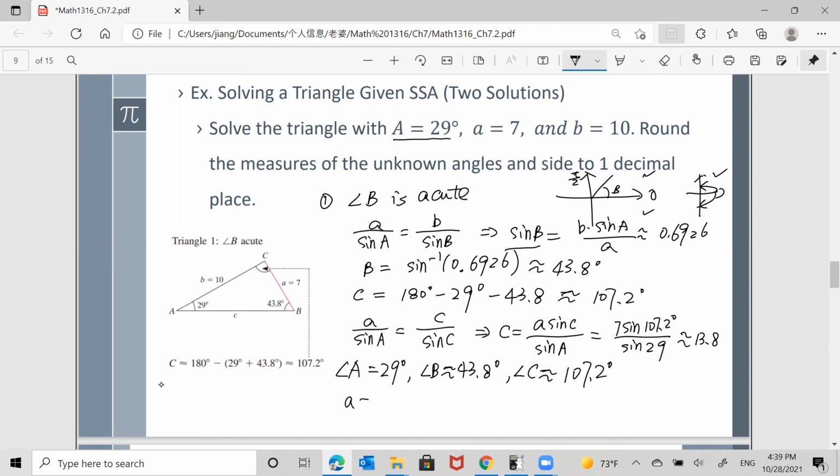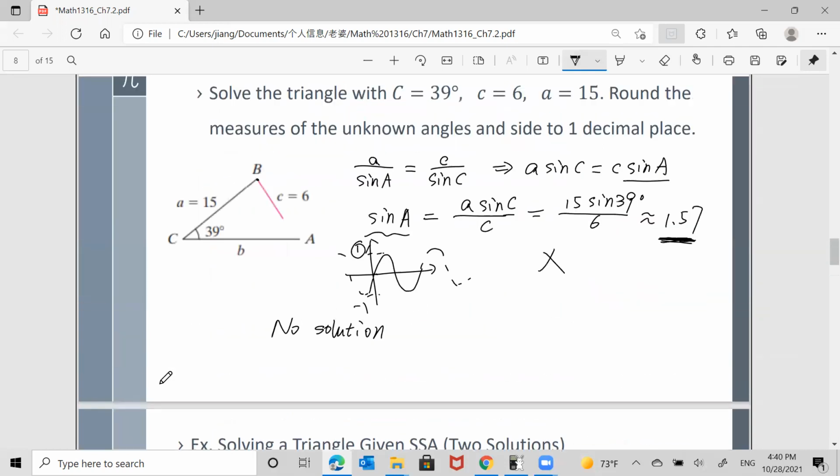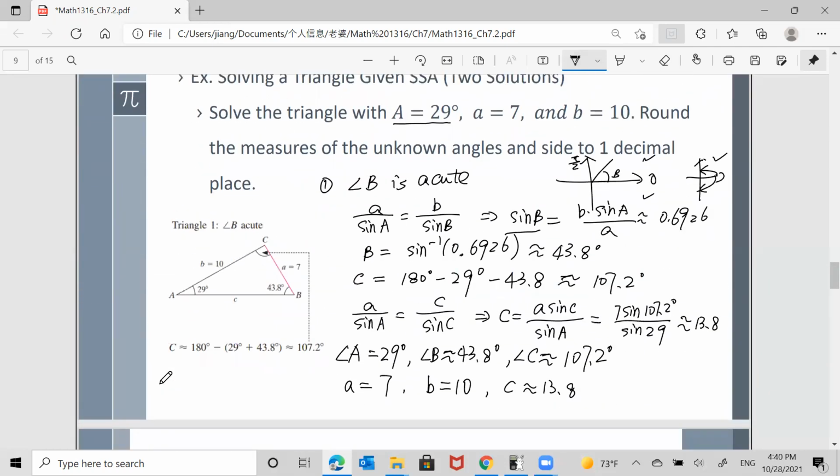And lowercase a is exactly 7. b equals, where is the b? Oh, it's given, it's 10, sorry. And c is about 13.8. So this is the first case, where B is an acute angle.